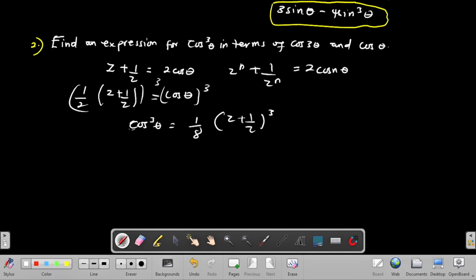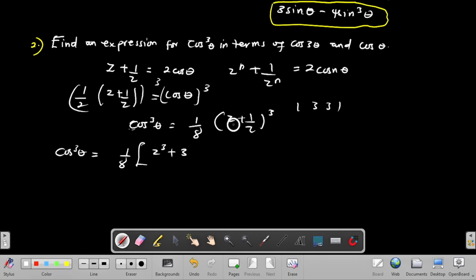That's the first step. Now what do we do from here? We use the binomial expansion to expand this with coefficients 1, 3, 3, 1. So I have cos cube theta is equal to 1 out of 8. We don't touch it. Inside I'll have z cube, that's the first coefficient 1, then plus 3 times their products.